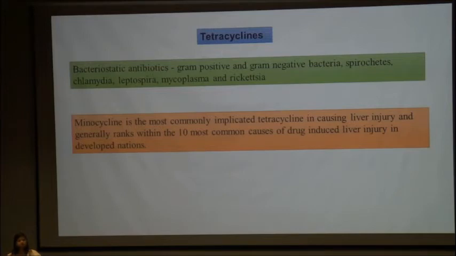In which case minocycline is the only sensitive drug, and so we should monitor the liver enzymes, whether with the starting of the drug liver enzyme derangement is there, because it is one of the top 10 antibiotics which lead to drug-induced liver injury in most of the developed nations, the data says.